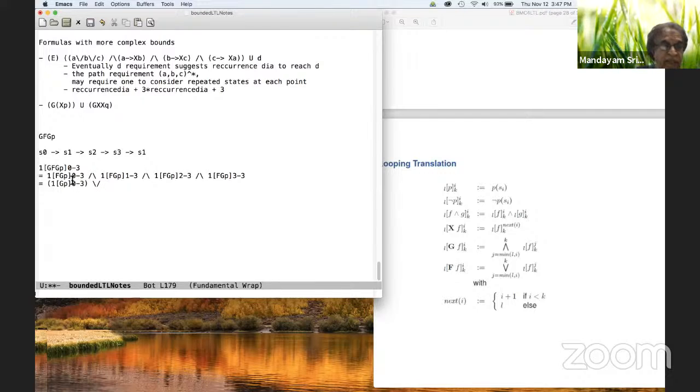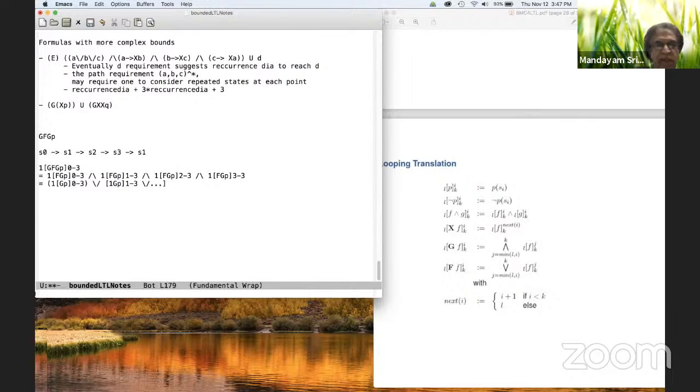I'm expanding the first part here, so that becomes 1, dot, dot, dot. There'll be 4 disjunctions there.